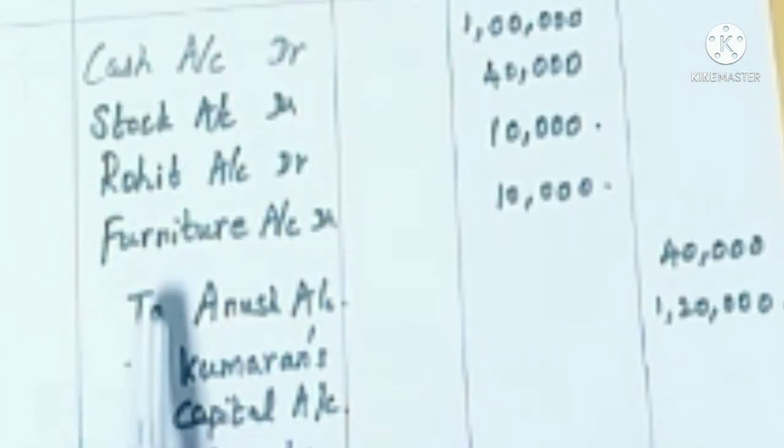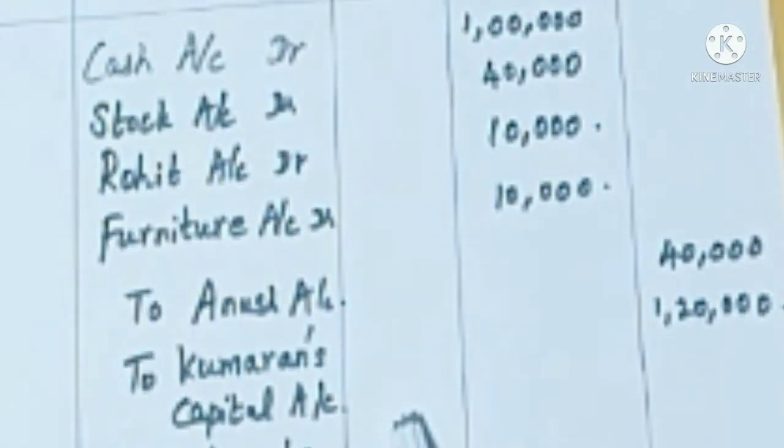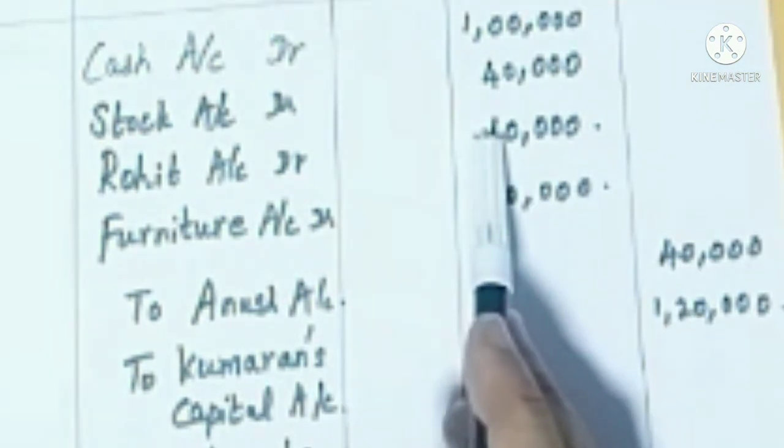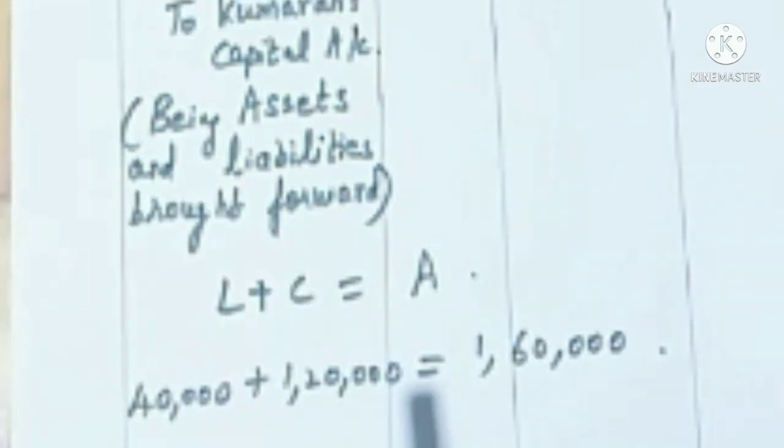And from this entry, we also know that liabilities plus capital is equal to assets. This is based on the dual aspect concept. According to this concept, every transaction or event has two aspects.